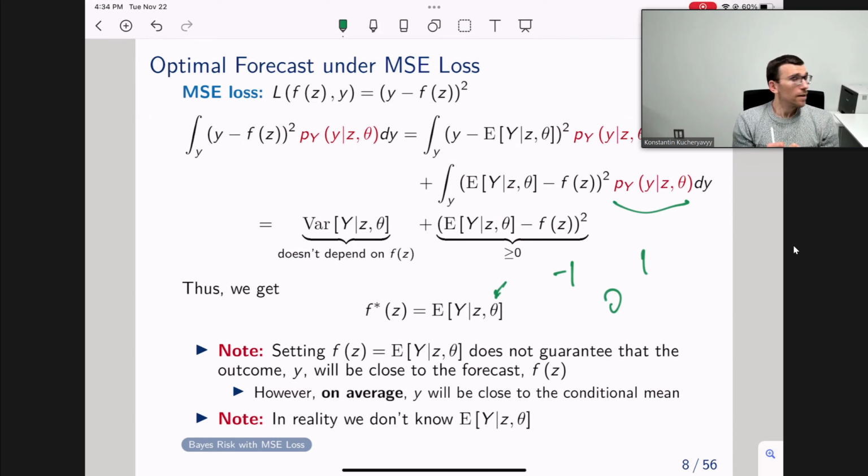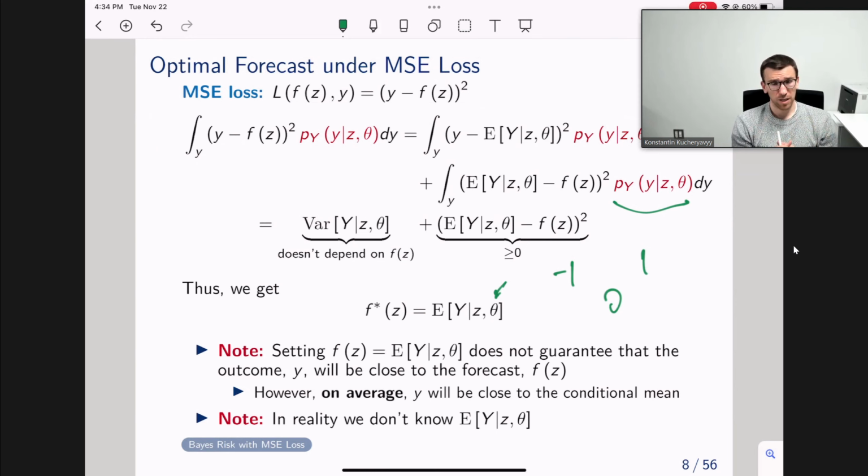Another lesson that you learn from this is that if your objective is to really hit y, if you want to nail y, so you want to say next period it's -1 or 1, and that's your decision, then you need to consider some different loss function.